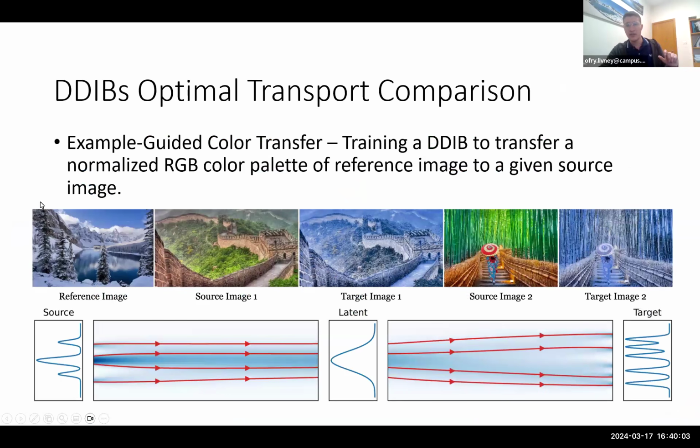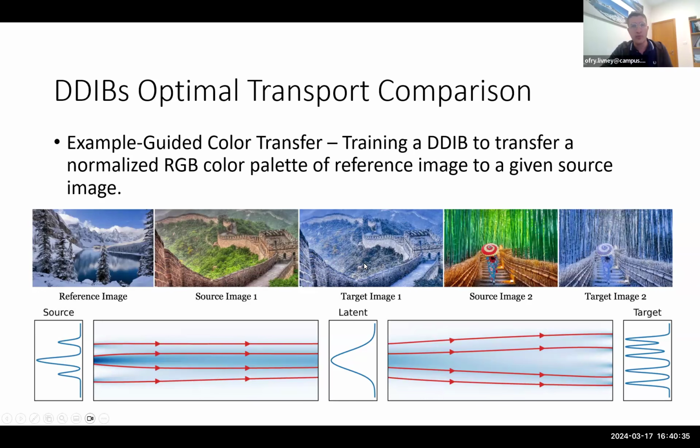And then the authors go on and perform specific tests to see this notion of optimal transport within the DDIBs architecture. So what they do is they perform a test of example guided color transfer, in which we have this source image, for example, and one reference image. And we would like to create this target image that's basically the transfer of the color space of the reference image to the source image.